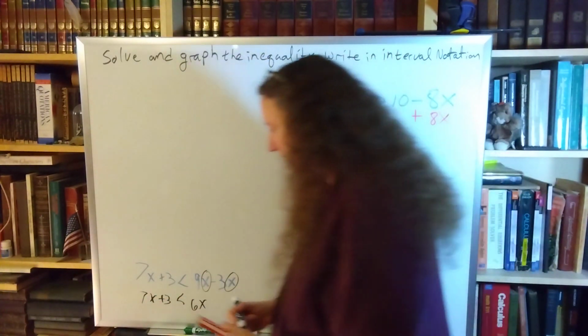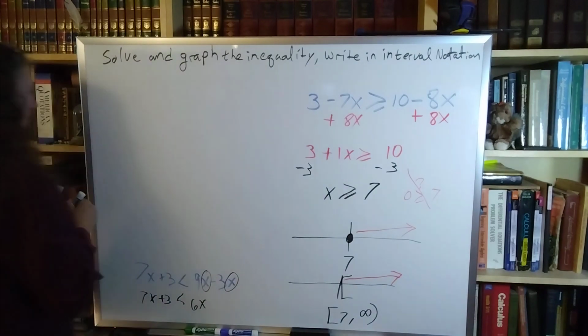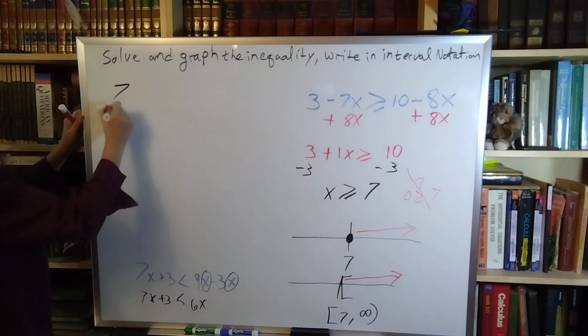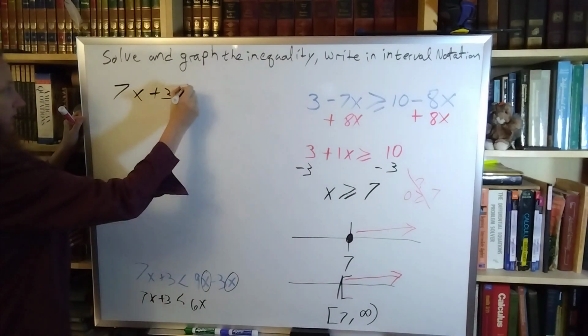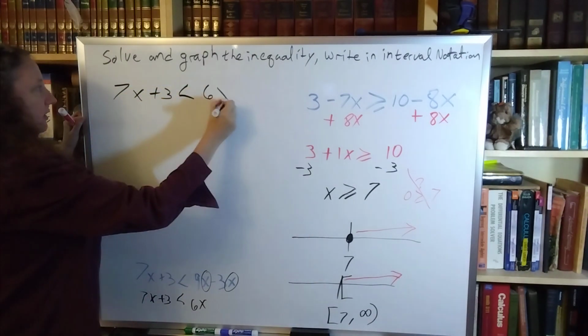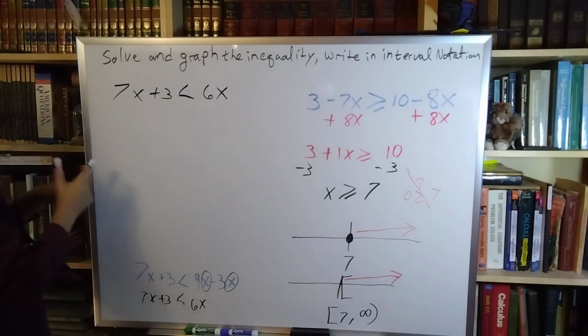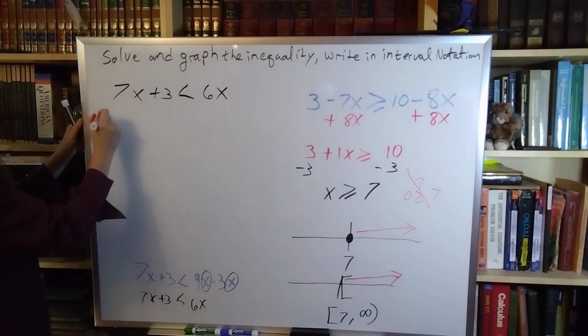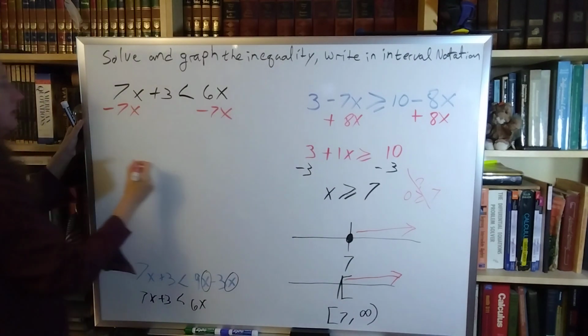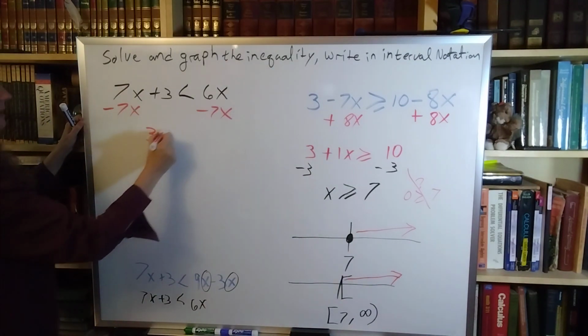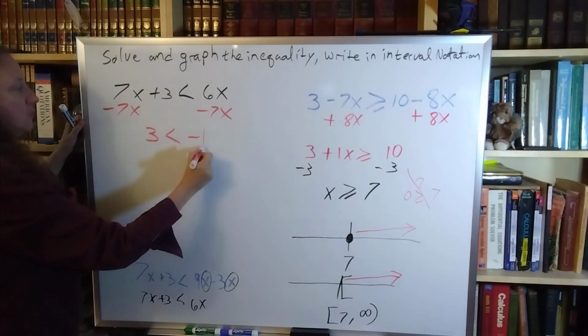We'll do that. I need room over here. So 7x plus 3 is less than 6x. Same thing that was down there. Subtract the 7x over. So now I have 3 is less than negative 1x.